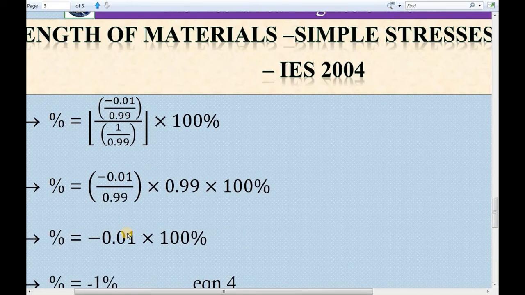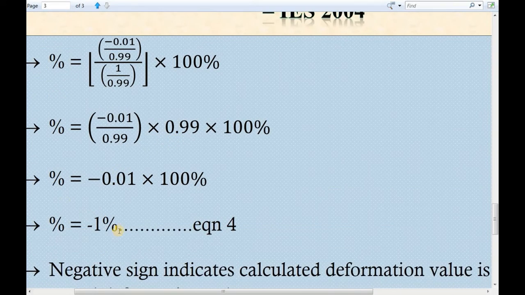Okay, so the next step will be percentage is equal to minus 0.01 divided by 0.99 into 0.99 into 100%. In this RHS, 0.99 and 0.99 gets cancelled. So the next step will be percentage is equal to minus 0.01 into 100%. So 0.01 into 100% is 1%. So the next step will be percentage is equal to minus 1%.